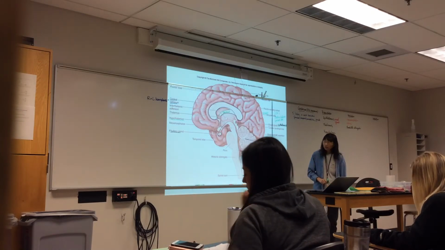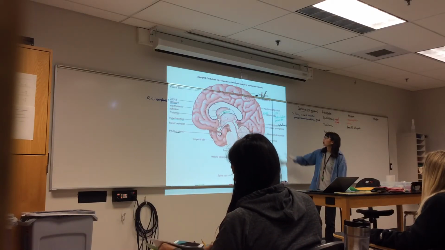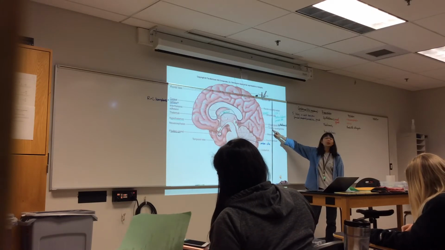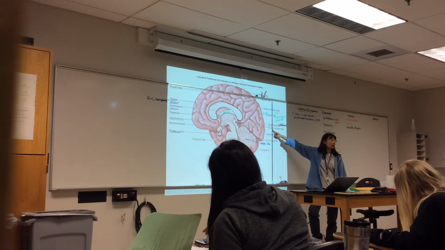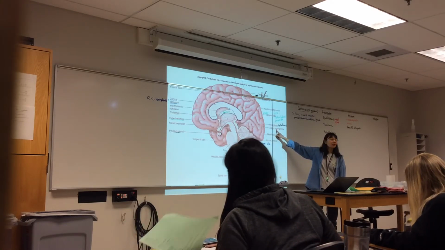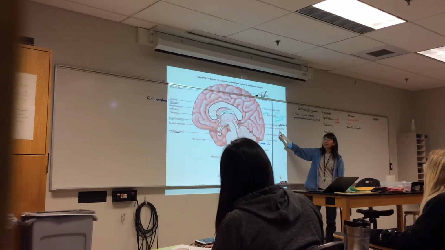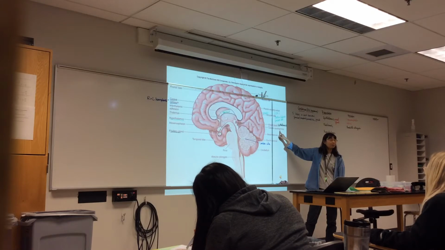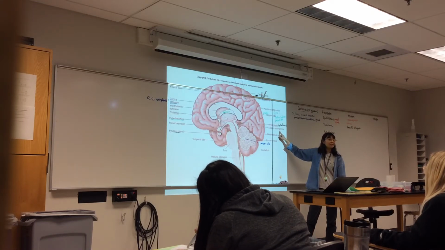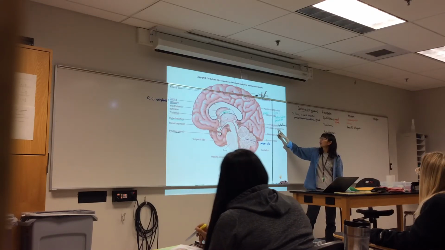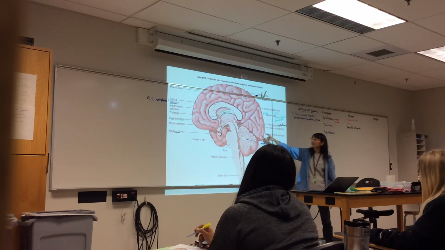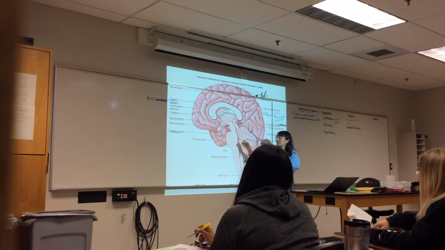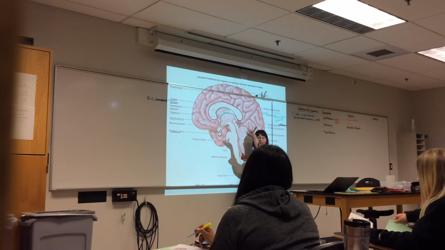Corpora quadrigemina. Okay. Corpora. What was corpus last week? Body. Quad means 4. Any Gemini in here? What are Gemini? Double. Twins. So 4 twin bodies. Here you see 2 of the 4 because the other 2 are in front of the screen.